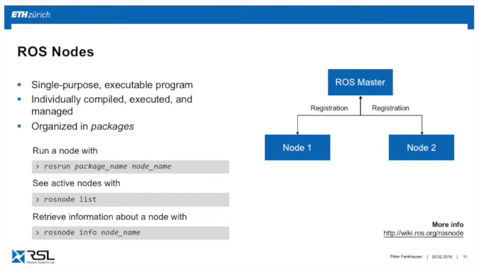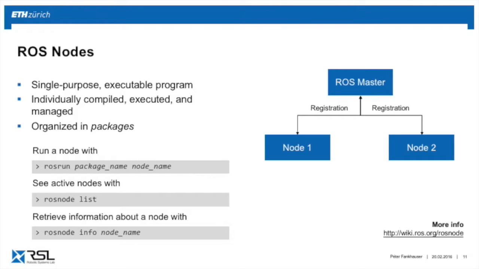So whenever we mean a package name, it's essentially the name of the package, and then in there you can have multiple nodes. You see here in the example, ROS master, each individual node needs to register with the master such that it enables the communication. To run a node, and you'll use this during the exercise, you type in rosrun, then the package name, and then the name of your executable.